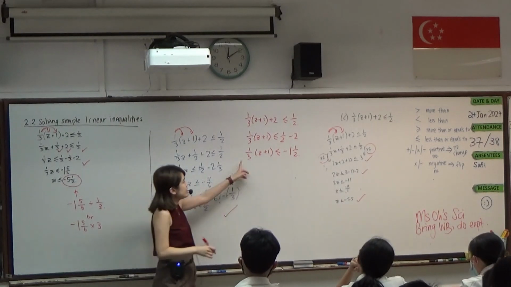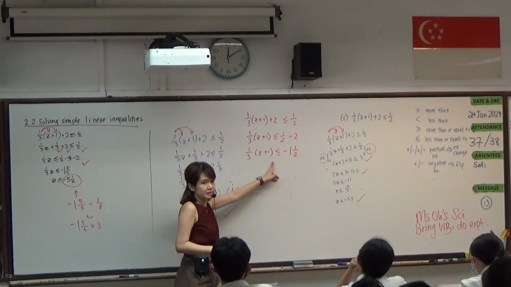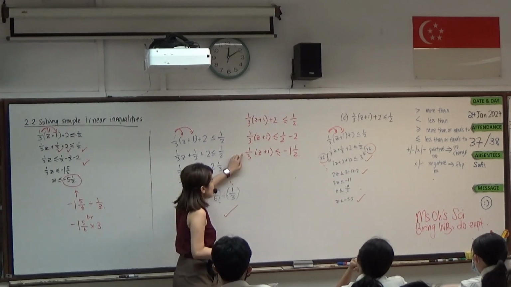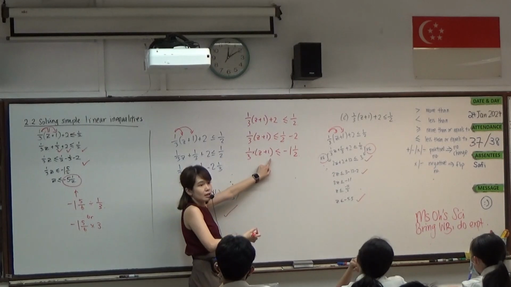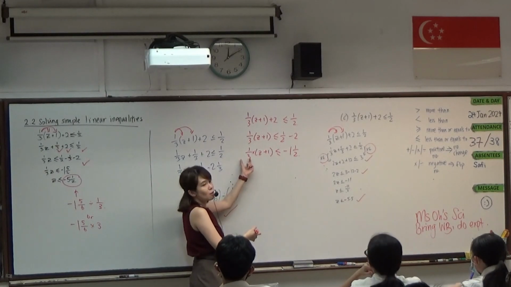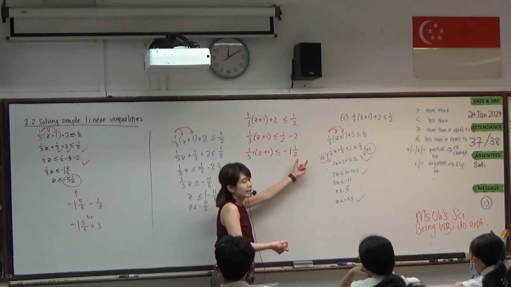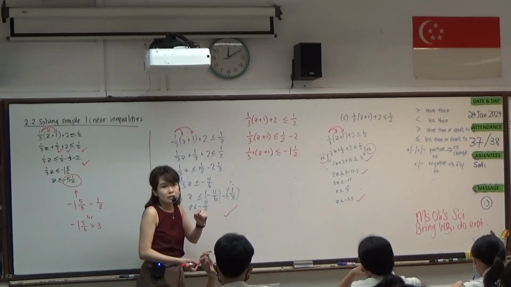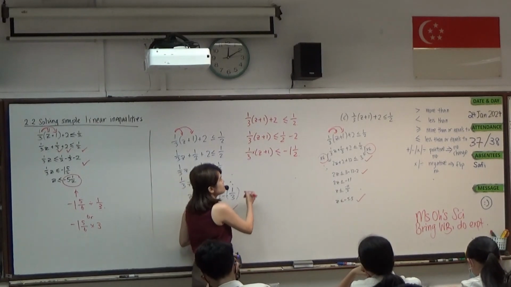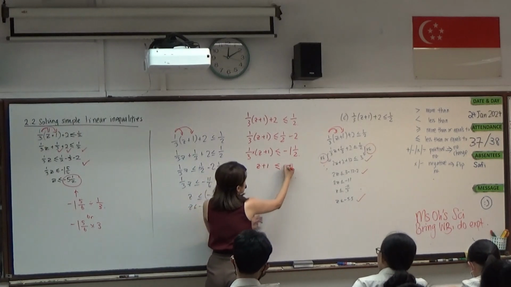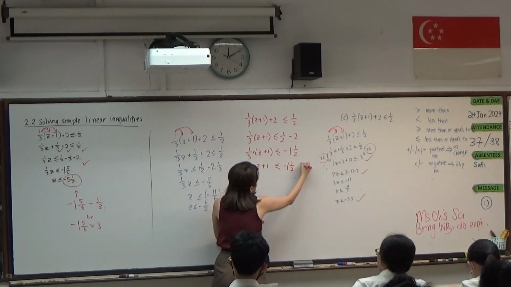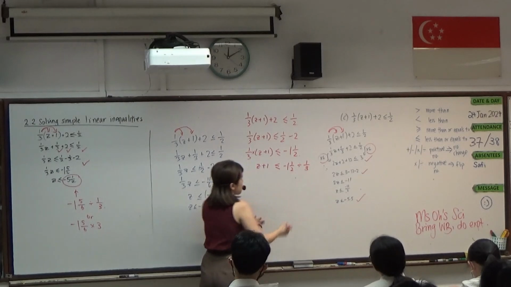Instead of doing the expansion method, notice that this is 1/3 times z plus 1. So if I want to bring the 1/3 over to the other side, I can divide by 1/3, or alternatively, you see it as multiplication of 3. So I can have z plus 1 less than or equals to negative 1 and a half, divided by 1/3.